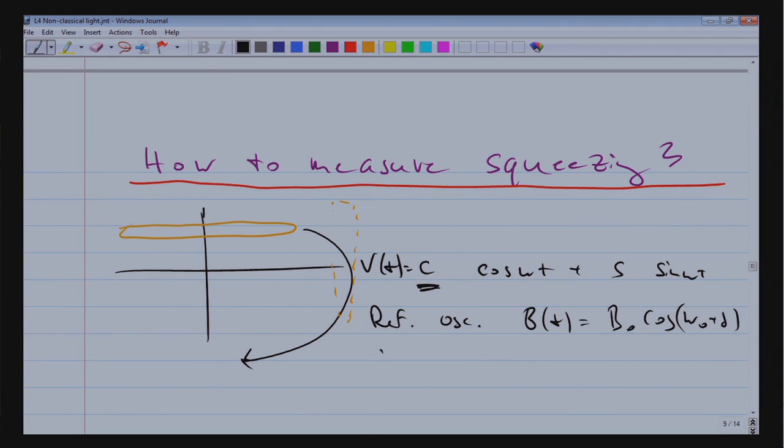And if you mix, maybe before I use the word mixing, I should simply multiply. If you multiply the two signals, your signal you're interested in, or at least you're interested in one component, you multiply it with your huge local oscillator, and then you integrate over time.